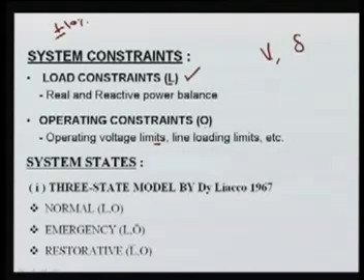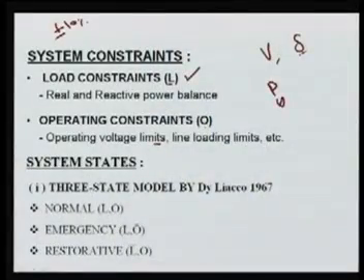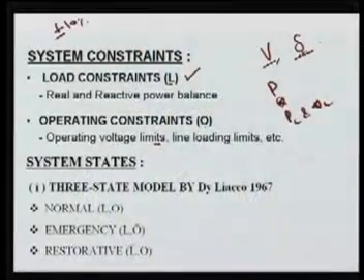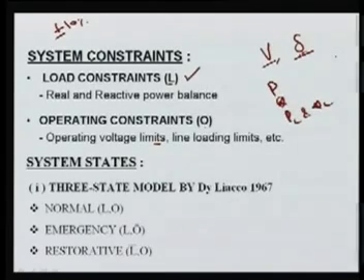With the help of these voltages and angles, that is voltage magnitude and delta, the voltage angle, and knowing your network topology, we can calculate the real power, reactive power, and both losses, real and reactive. So with this voltage and the phase angle of the voltage, we can determine all the information of the power system. So that is known as the states of the power system, meaning voltage and angle are the states of the power system.